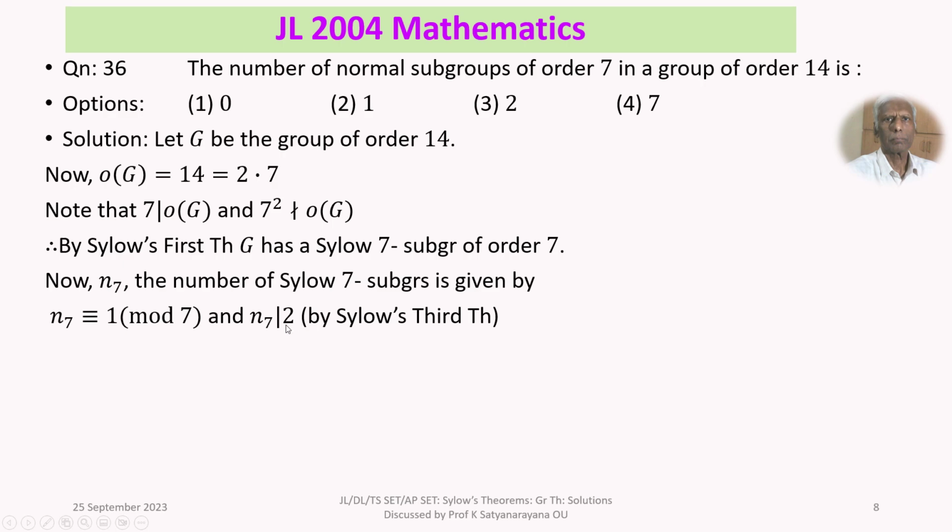So n7 divides 2 by Sylow's third theorem, which gives you only two options: n7 is equal to 1 or 2.